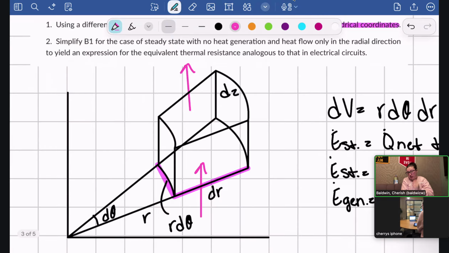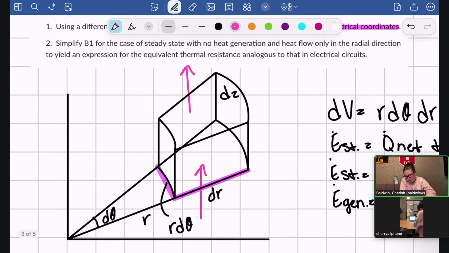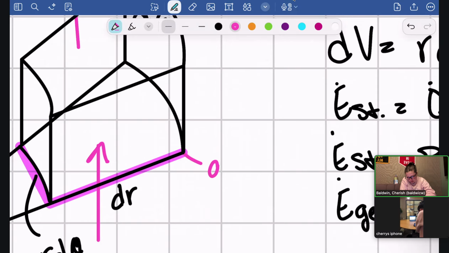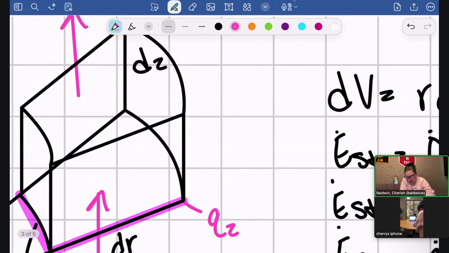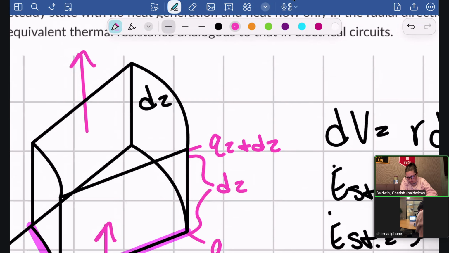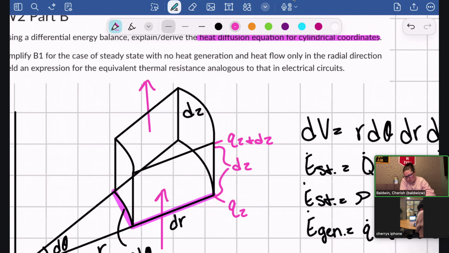Excuse me. And we're going to label this as Qz, and this is going to be Qz plus dz, because like I said earlier, this length is dz.